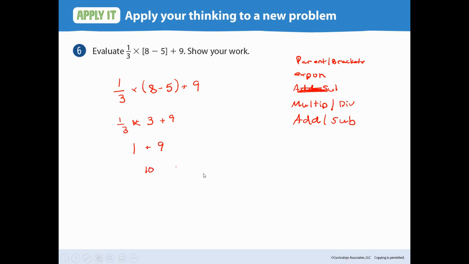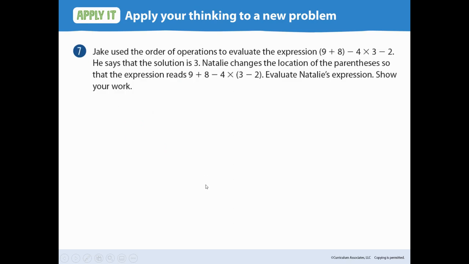Okay, I'm going to let you guys do these next two by yourself. And again, they're just asking you to essentially just evaluate the expression. So on number 7, I just want you to evaluate this expression, 9 plus 8 minus 4 times 3 minus 2.